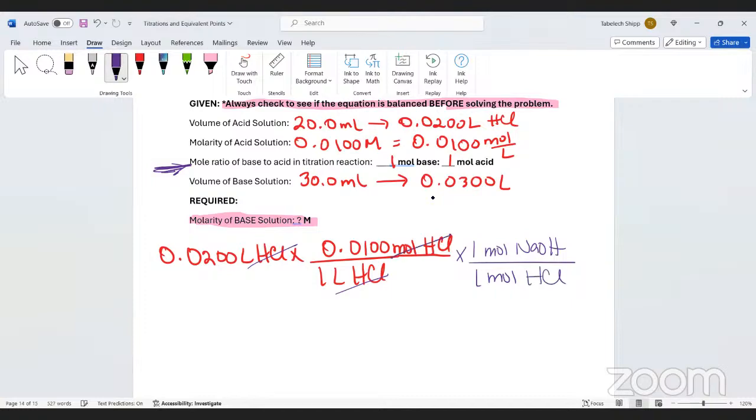So our moles of HCl cancels out, and now you're left with finding your answer for your moles of sodium hydroxide. But let's see what we get right here. 0.0200 times 0.0100 equals 2.00 times 10 to the negative 4th power moles of sodium hydroxide.